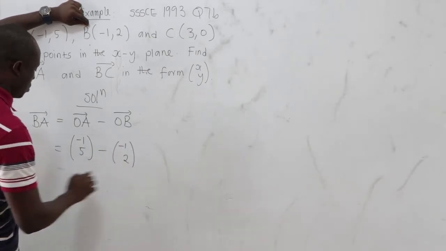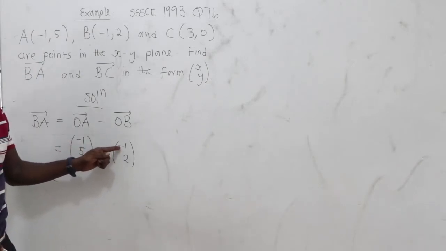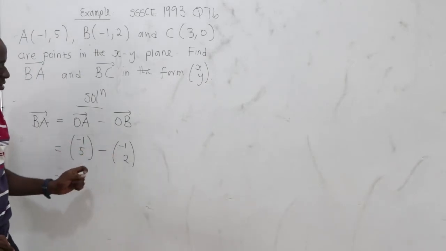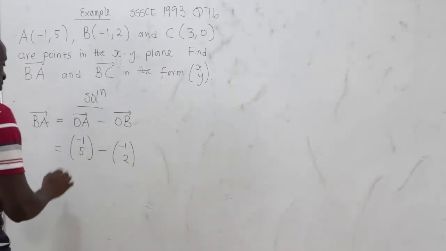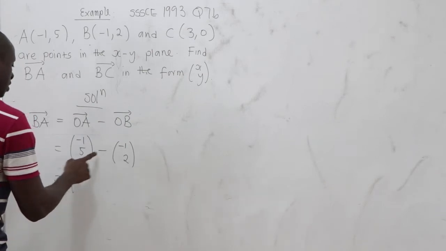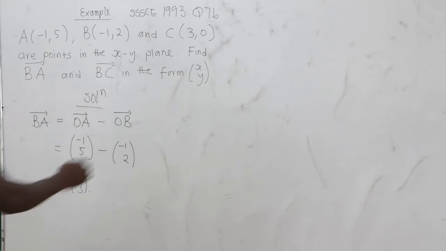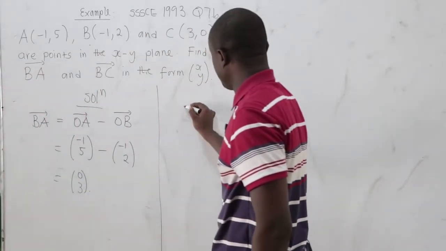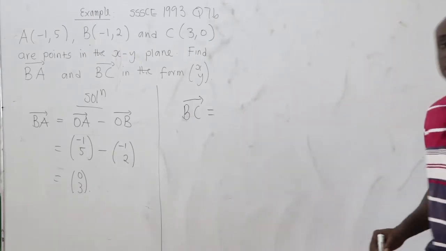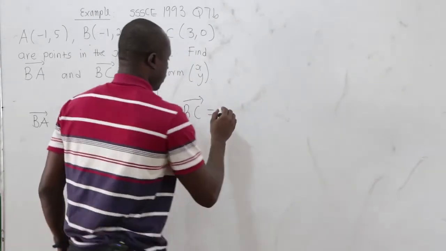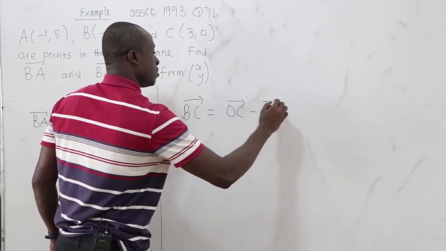And then OB is the same as the position B, which is (1, 2). Now, when you are subtracting, let's see, this -1 minus 1. Negative would cancel negative, so that will be positive. So negative plus 1, -1 plus 1, that is 0. So we have 0, and then 5 minus 2, that is 3. Now the second one also, we want to find BC. Now BC, from the definition of position vectors, that is OC minus OB.